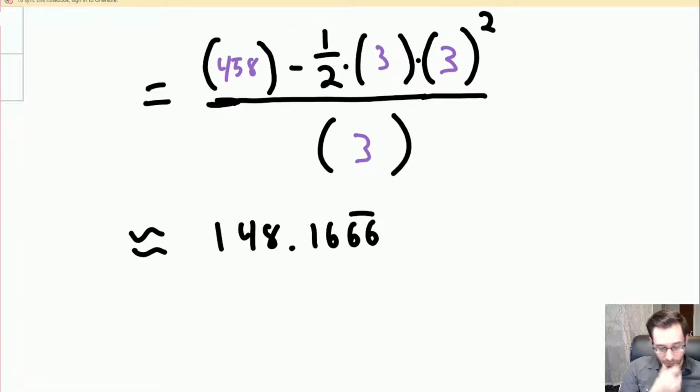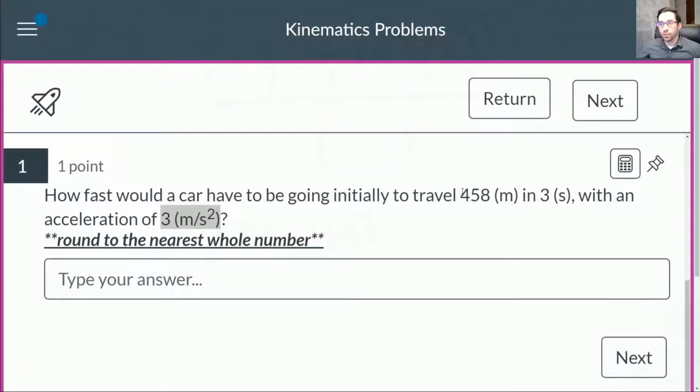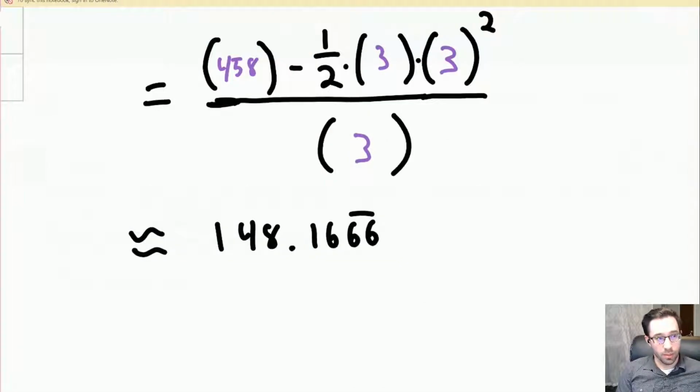Got it. Now, if I look at my question, the question says round to the nearest whole number. So what would the nearest whole number be with this? For the nearest whole number, I look at whatever is behind the decimal.